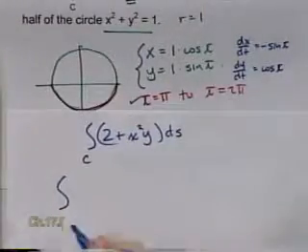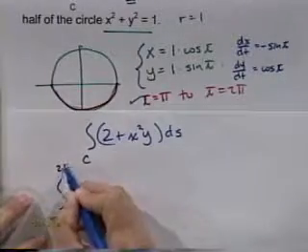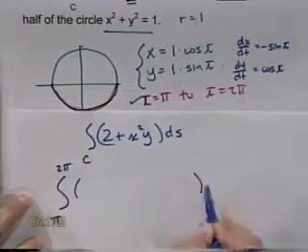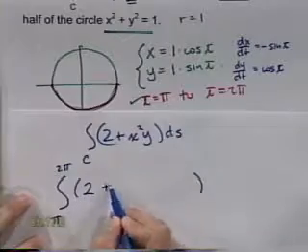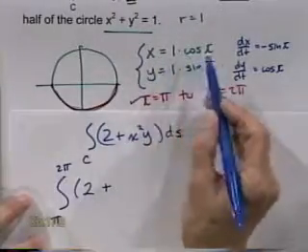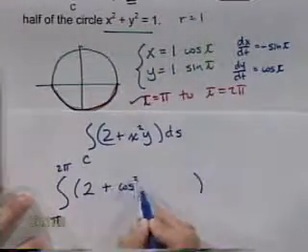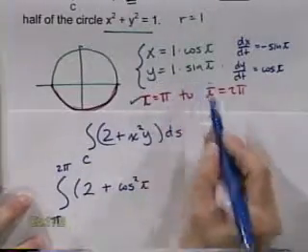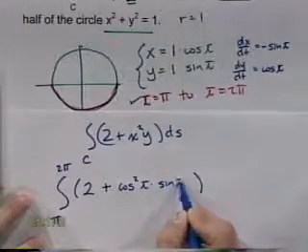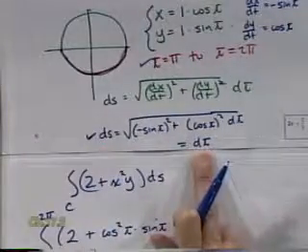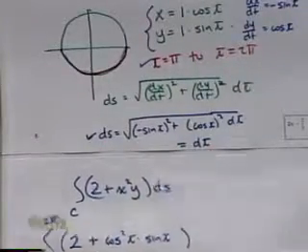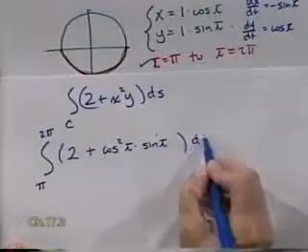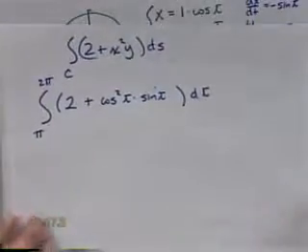From pi to 2 pi. Now I'm going to substitute for 2. Nothing gets substituted for 2. For x, I put in cosine t. For y, I put in sine t. And we figured out a few minutes ago that ds was just equal to dt, because sine squared plus cosine squared is 1.